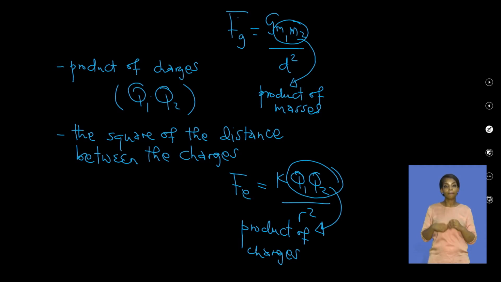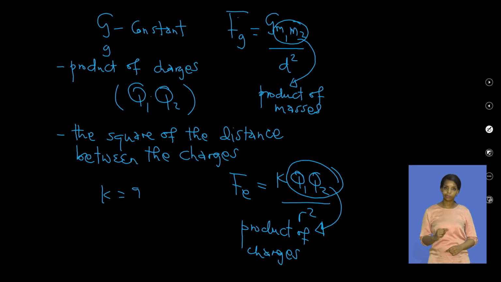And also there's a difference between the gravitational constant, which is G, and take note, this is different from the other g, which is the acceleration due to gravity, just to get that out of the way. And then we also have K, which is 9 times 10 to the power 9 newton meter squared per coulomb squared, the SI unit of the Coulomb constant.